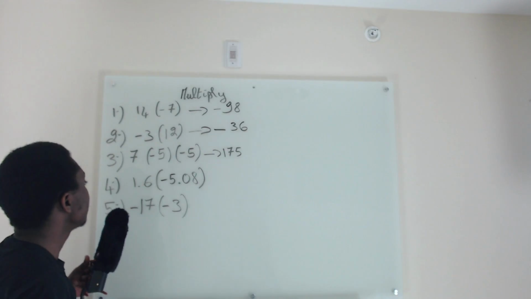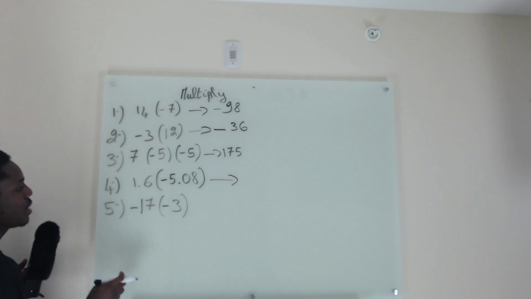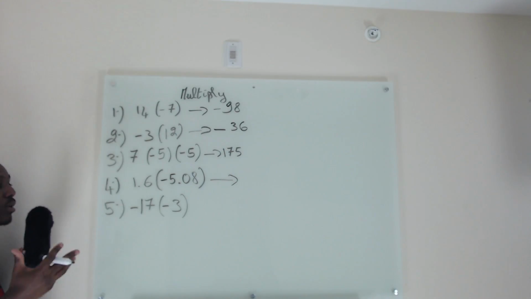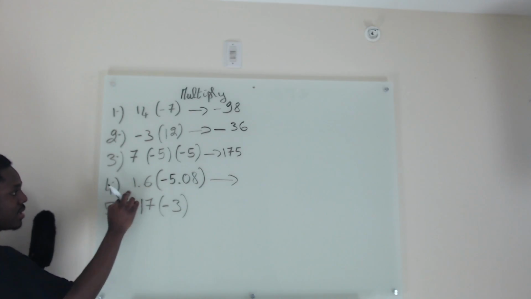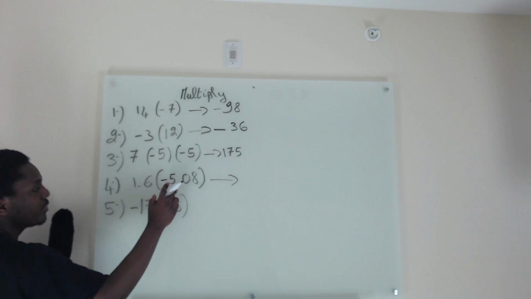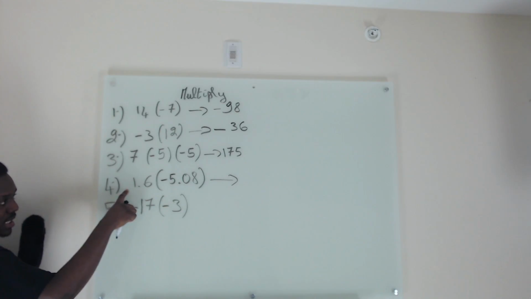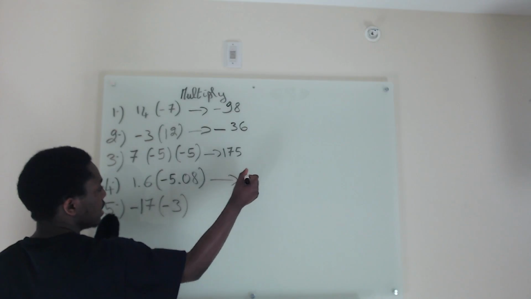Okay, now for exercise number 4, we first begin by multiplying the signs of the numbers. The sign of 1.6 is what? Positive. And the sign of 5.08 is negative. So a positive times a negative is a negative.